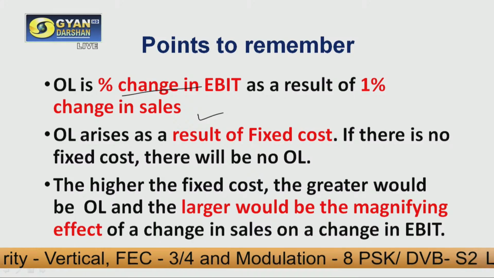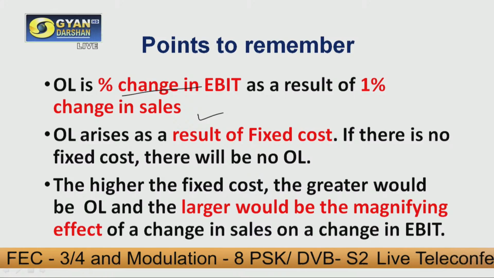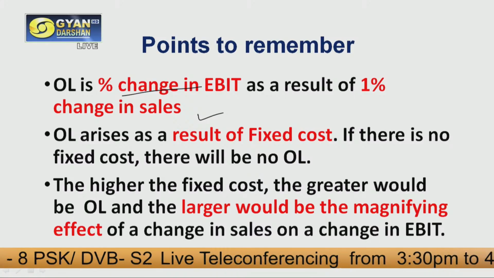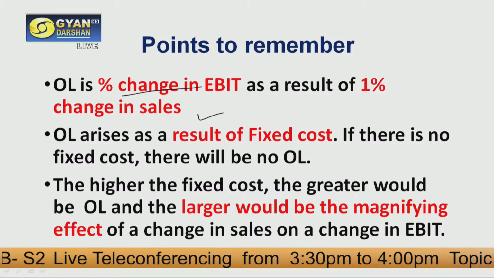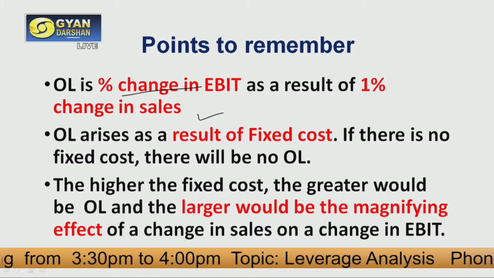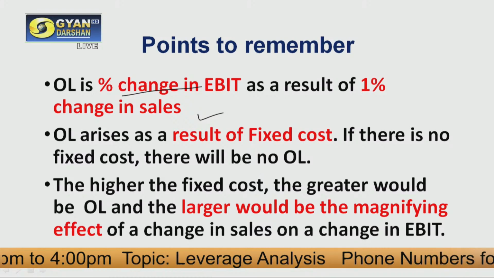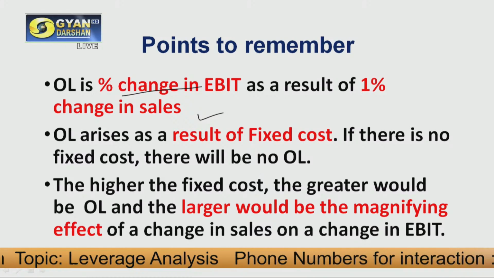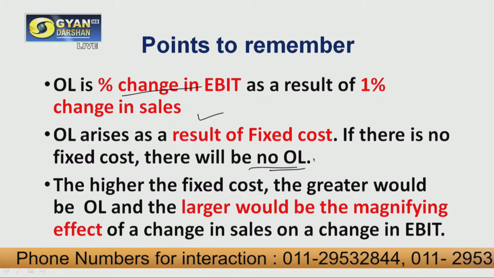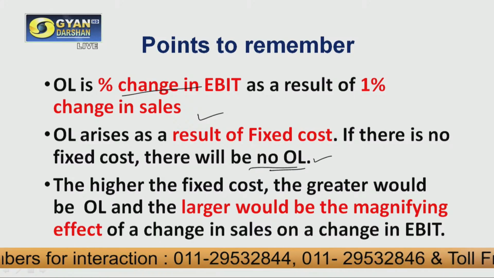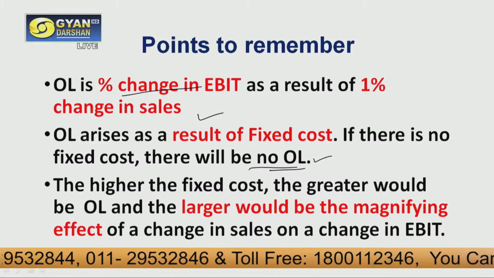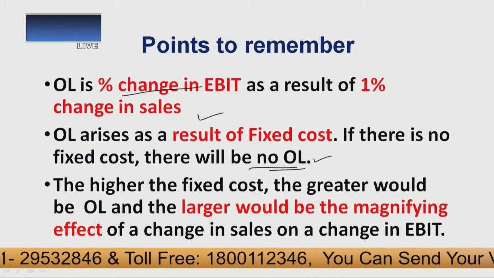And it arises as a result of fixed costs. Whenever there is a significant difference in fixed costs with time or with the change in number of units, in that case, operating leverage will arise. But if there is no fixed cost at all, you will not see any operating leverage, because in that case, there won't be much difference between the percentage change in sales and the percentage change in EBIT.